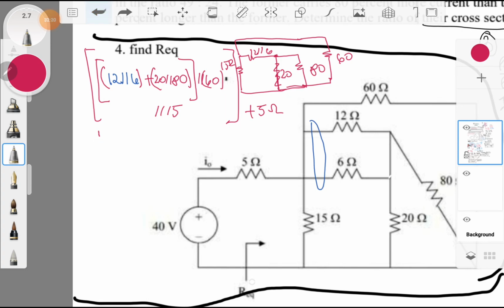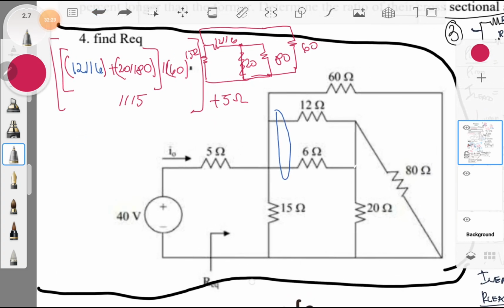So, pag input nyo sa calcu, 1 over 12 raised to negative 1 plus 6 raised to negative 1, plus we have 1 over 20 raised to negative 1 plus 80 raised to negative 1.